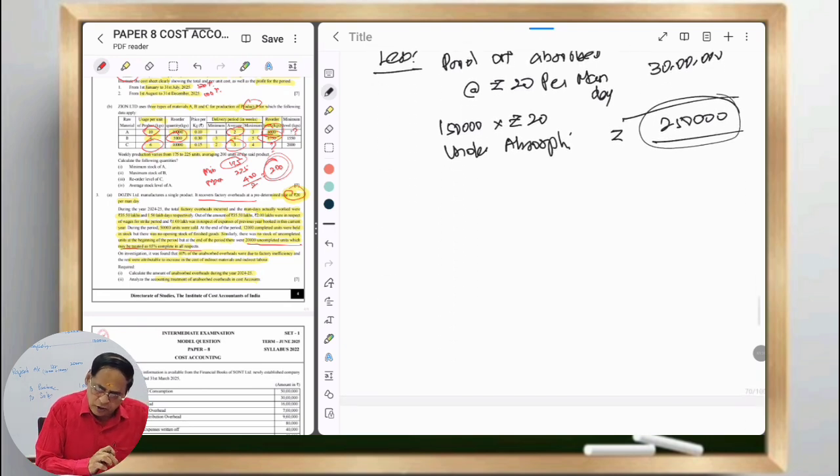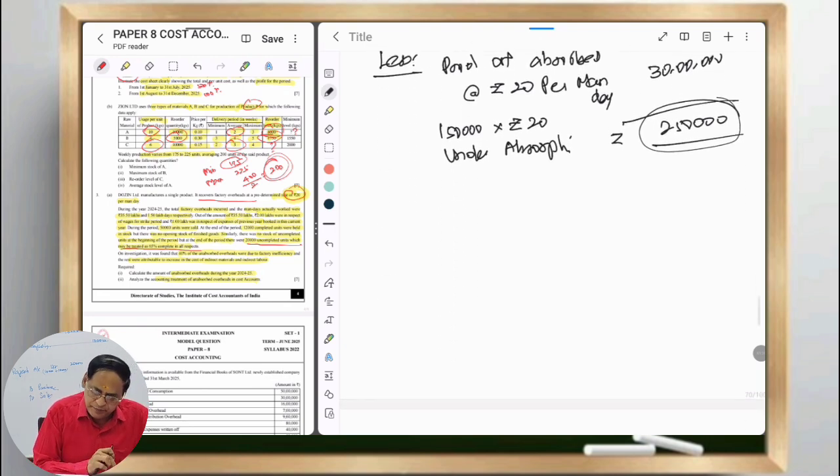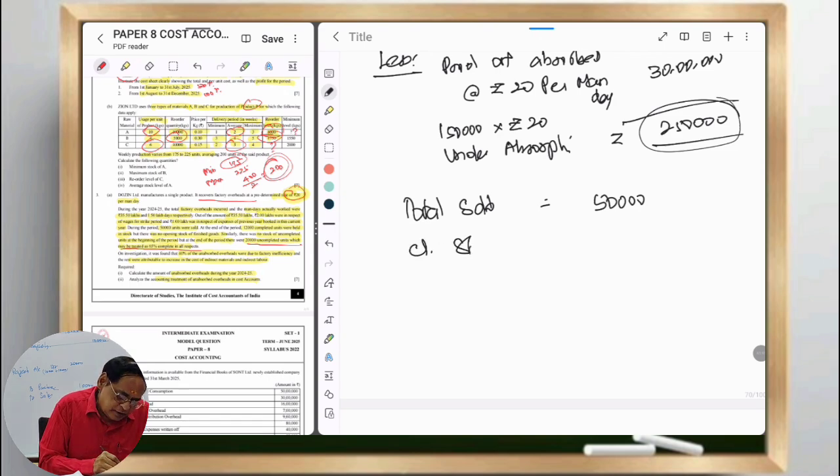Now we will find out how many units we manufactured during the period, total production, how much we produced. Out of that we have to find out how much overheads were absorbed or recovered. So the total units sold, how many? 50,000 units we sold according to the question. And then there is a closing stock, that is 12,000 units.